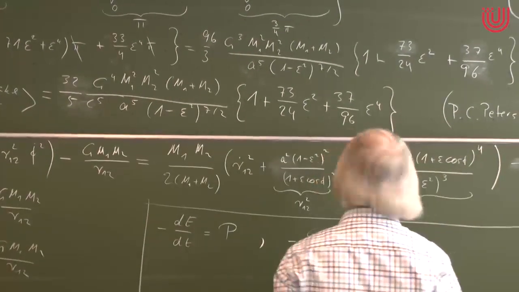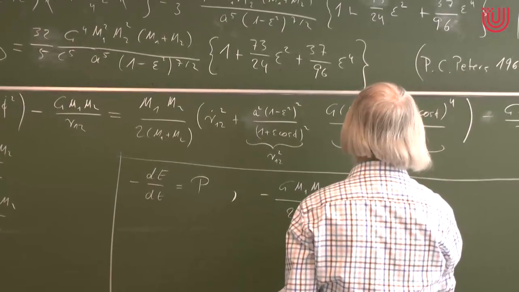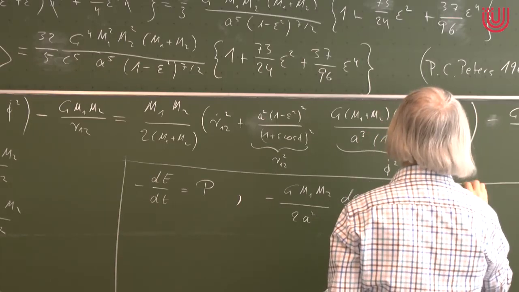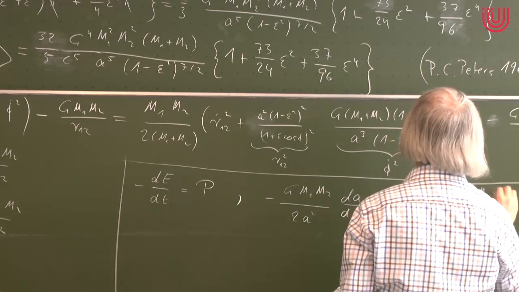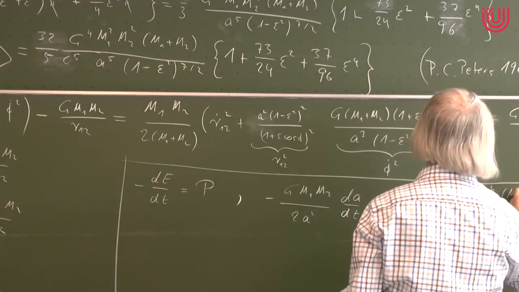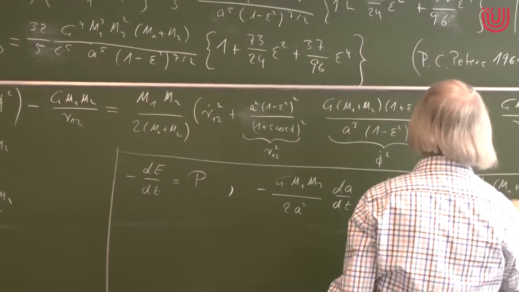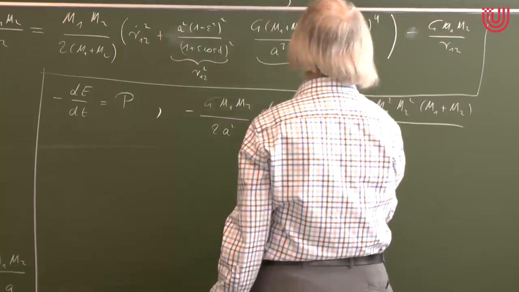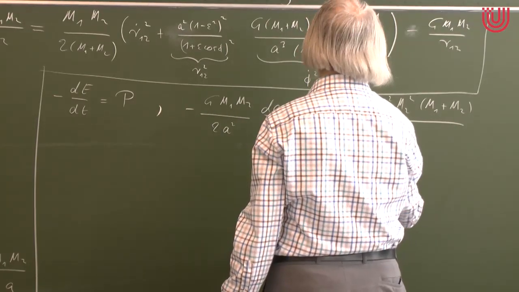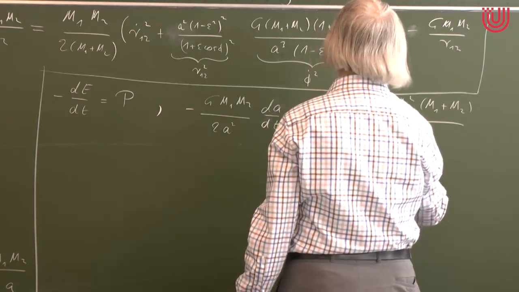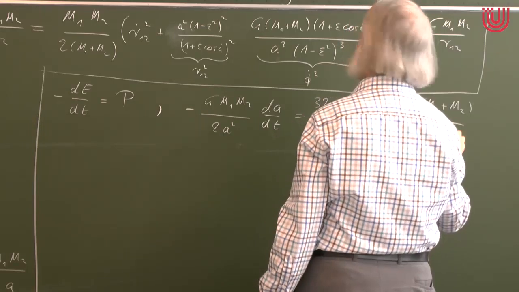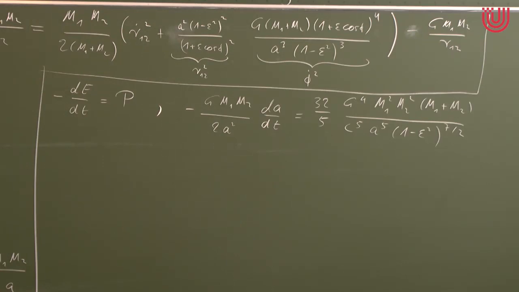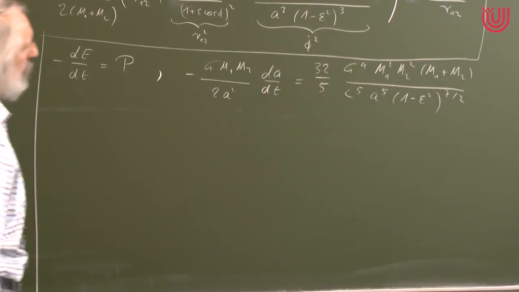So here is P. P is 32 over 5 G to the 4 M1 squared M2 squared (M1 plus M2), over c to the 5 a to the 5, times (1 minus epsilon squared) to the 7/2. So that's the formula which tells me how the A is changing. It can be simplified a little bit.